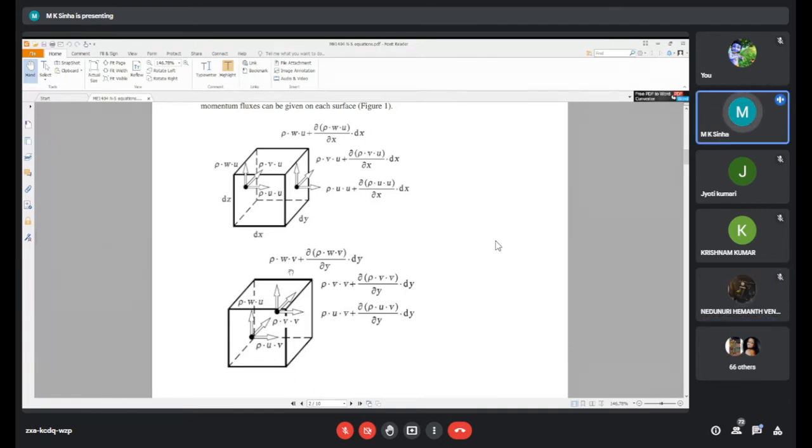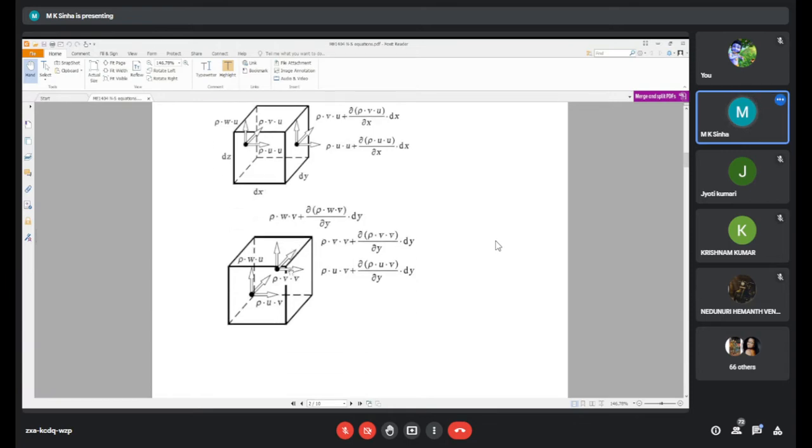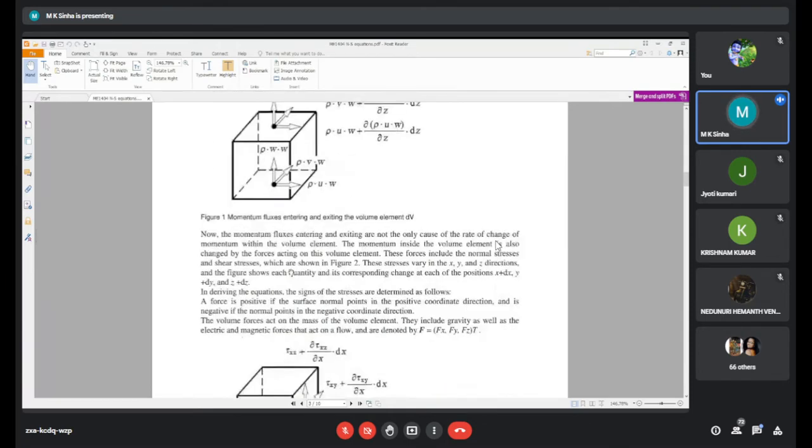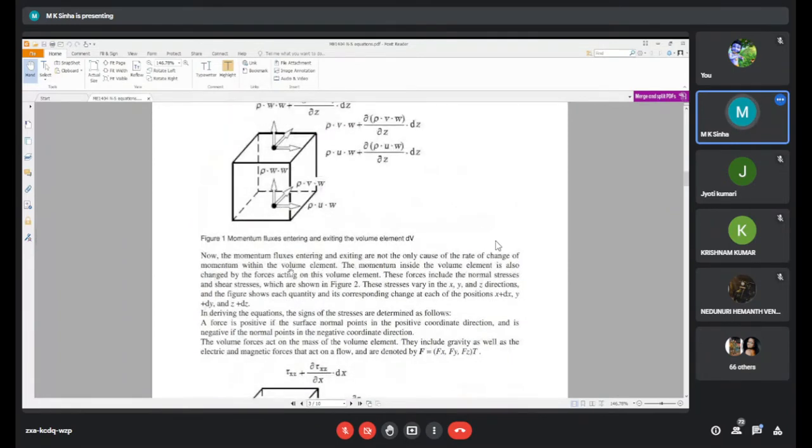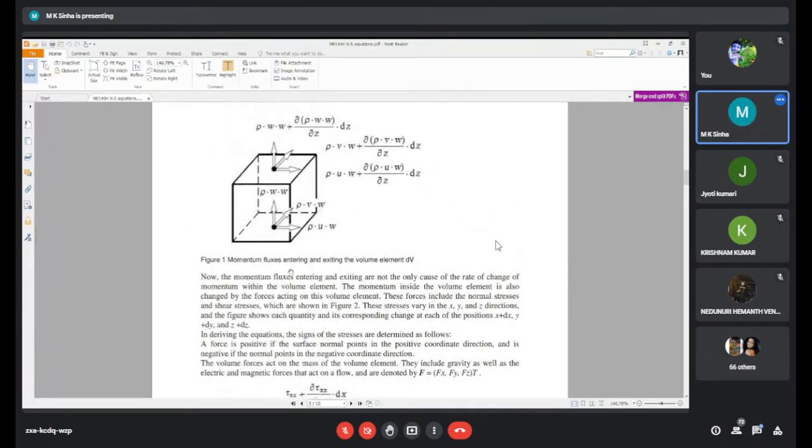And this is due to the fluid element length del by del y. That's why it is differentiated and multiplied by that length. Similarly, we can write for the third direction dz. Am I right? So rho u w, rho v w, rho w w.